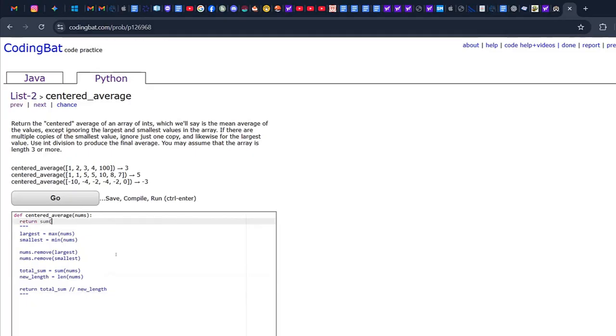So you had a sum, so you calculate sum minus the maximum of the nums minus the minimum of the nums. This whole thing will be divided by the length of the nums minus 2.